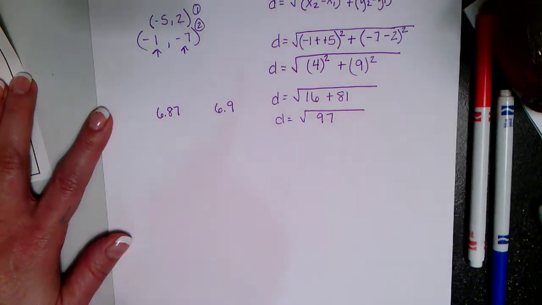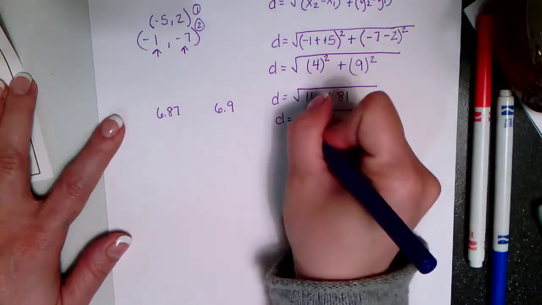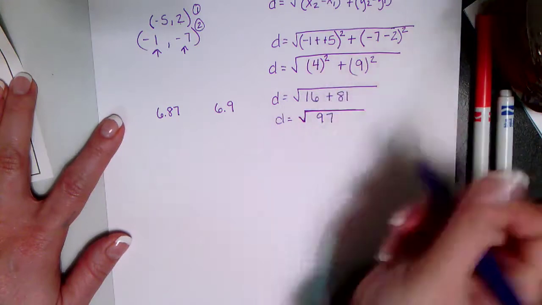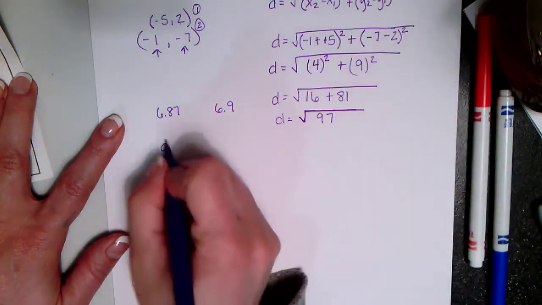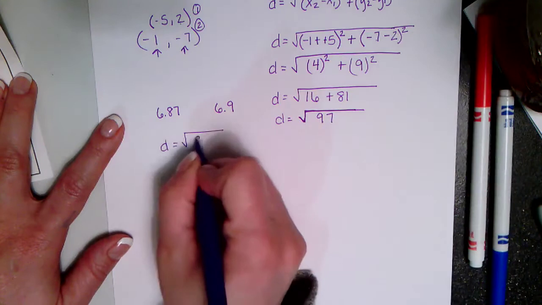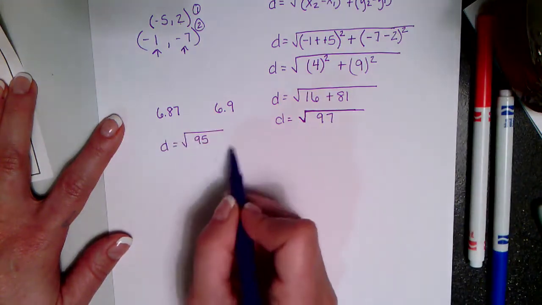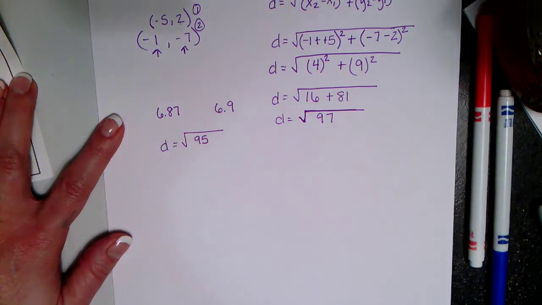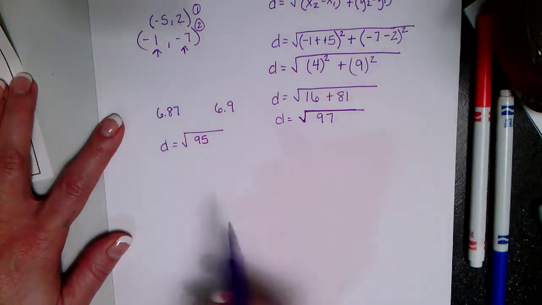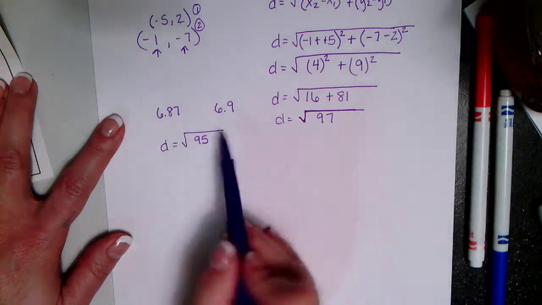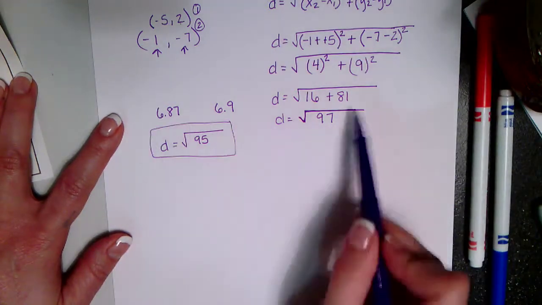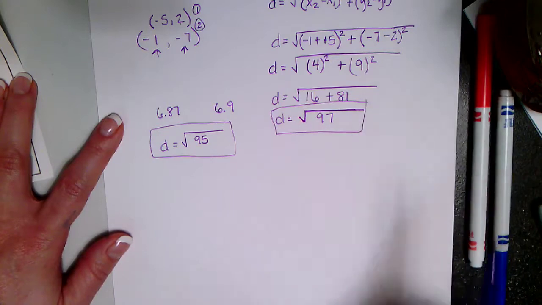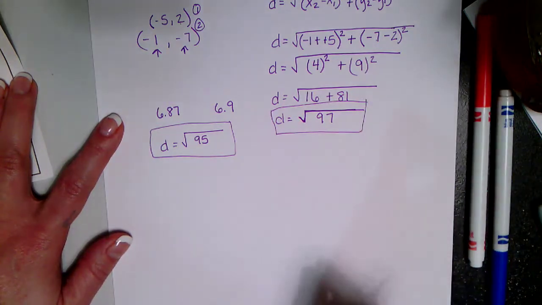They would round to be about the same, but there's a difference there, so those would not be congruent. So if you kept it here as a square root of 97, then you know if you have another distance that's the square root of 95, even though those would be close, they're not congruent, okay? So that's something to keep in mind. You're just looking for if it's the same, so there's no need to go any further than this, because this will give you the actual amount, the very exact amount, okay?